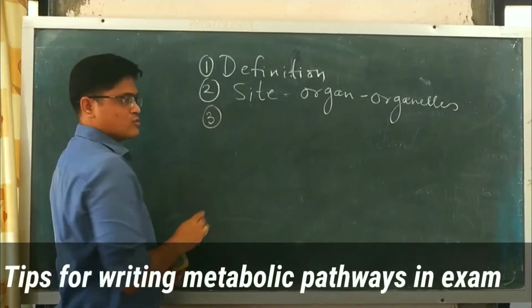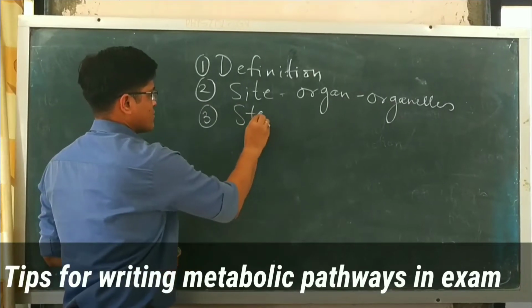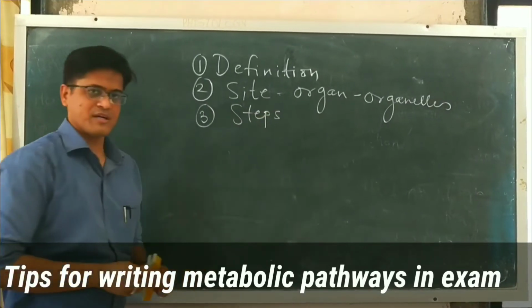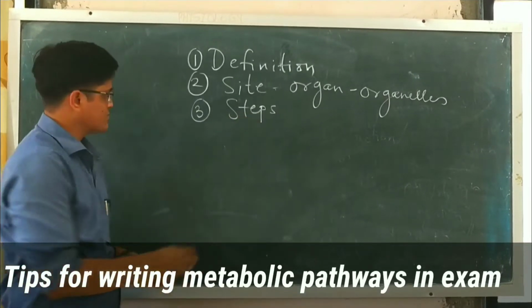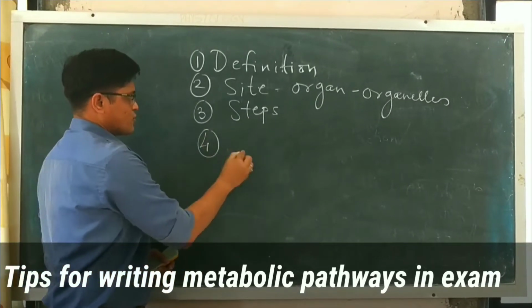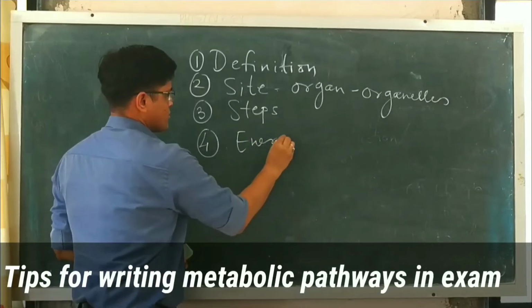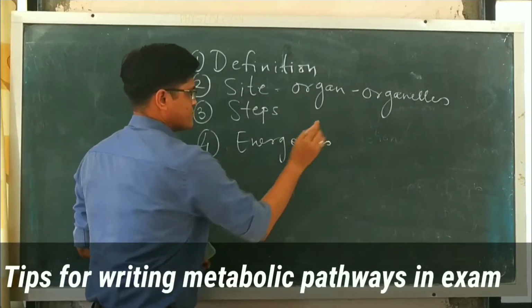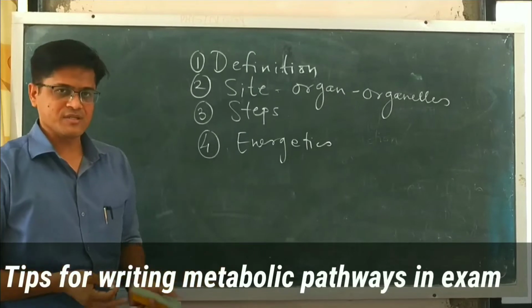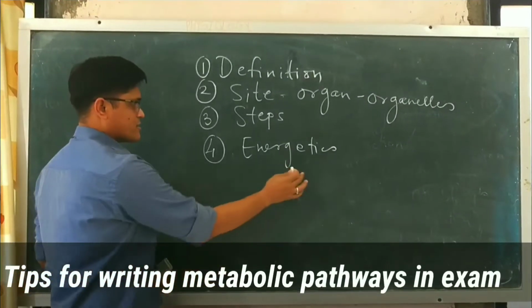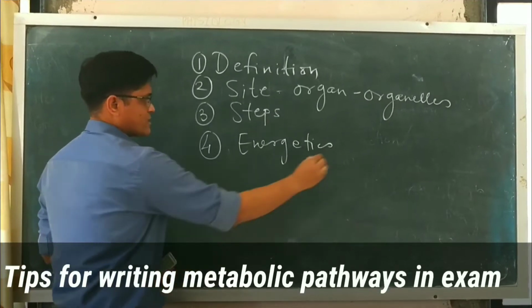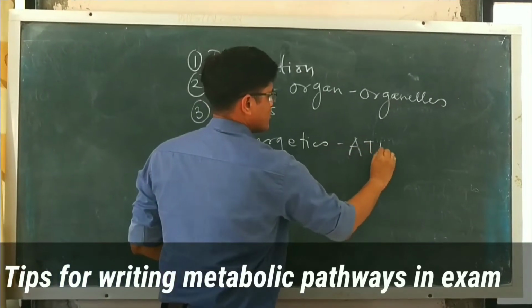Third, you should mention the steps of the pathway. I will again elaborate some important things regarding the steps. Fourth is energetics, how many ATPs are formed or utilized and the net energy expenditure under these energetics, that is in the form of ATP.